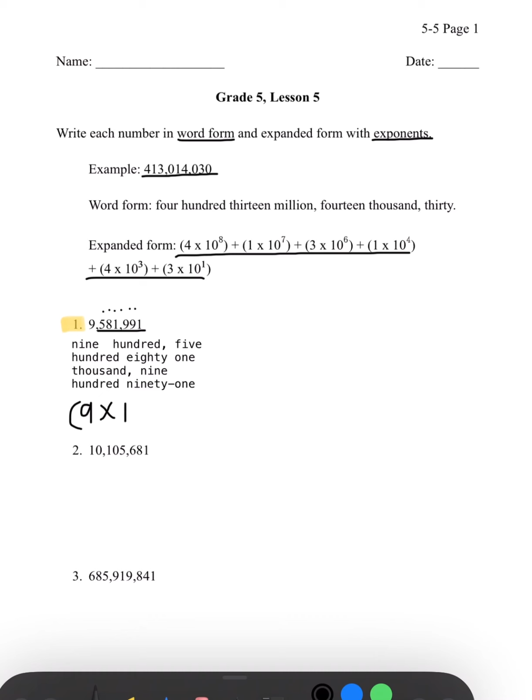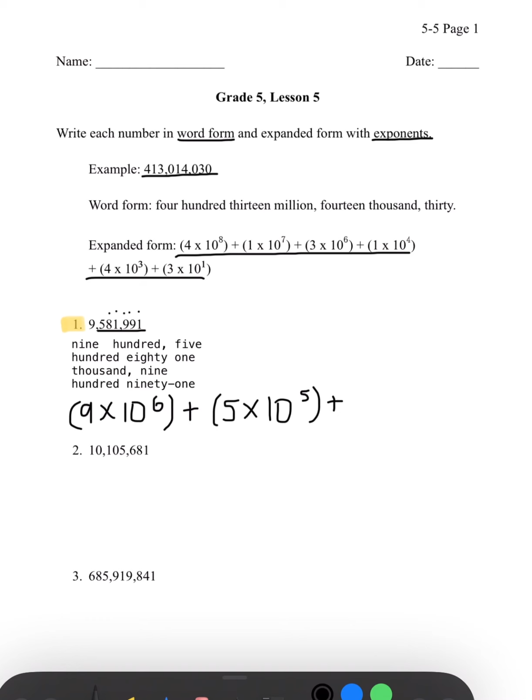So all we have to do is put 10 with the exponent of 6. Plus, our next number is 5. So 5 times, and since it was 6 earlier, we can check again how many numbers there are behind the 5. 1, 2, 3, 4, 5. So it'll be 10 with an exponent of 5.